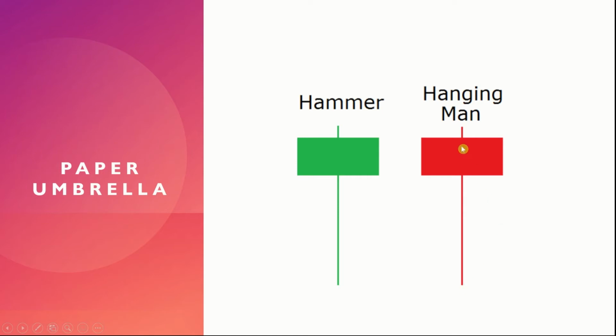Because if we see, the bears tried to push the price down till here, but the bulls again gained control and the final closing price was here. So this is an open question, but this is how the hanging man formation happens, and the hanging man formation signals selling pressure in the market.